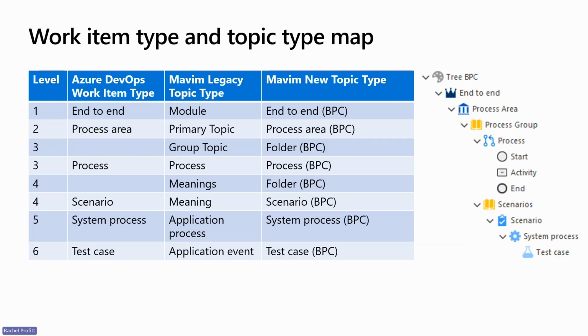You'll notice that the new Mavim topic types match exactly to the Azure DevOps topic types. So that should make it easier moving forward. If you're using Mavim today with the legacy topic types, we'll be coming out with some more guidance soon on how to transition to the new topic types.